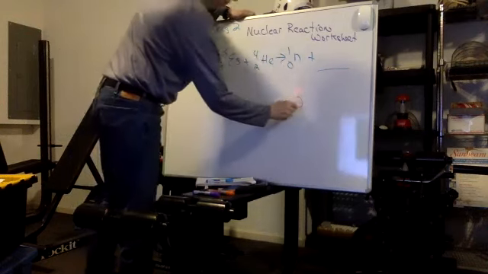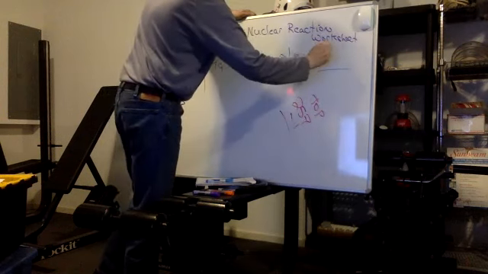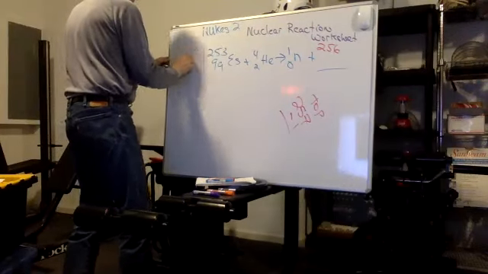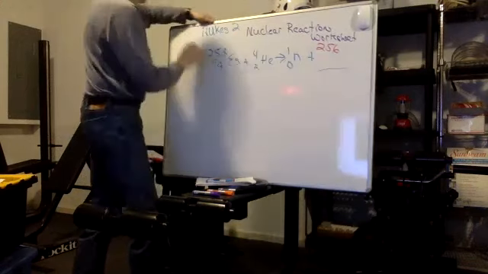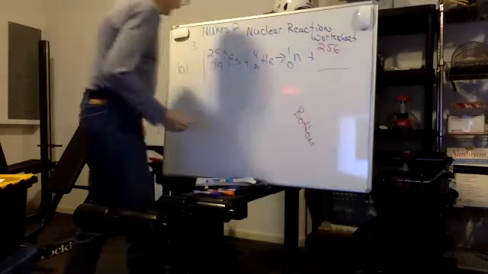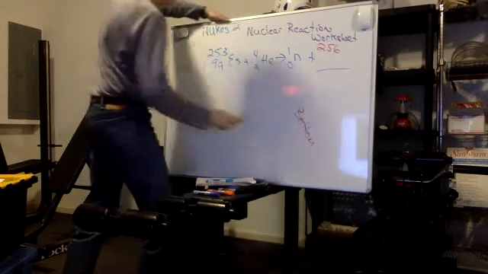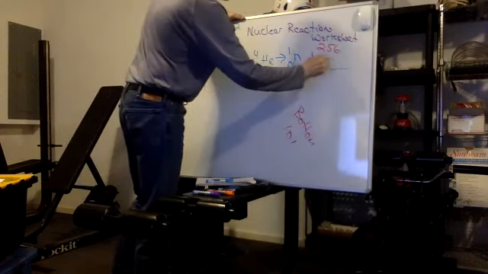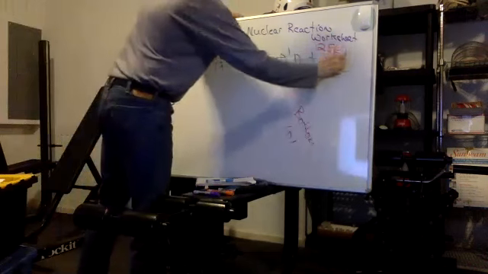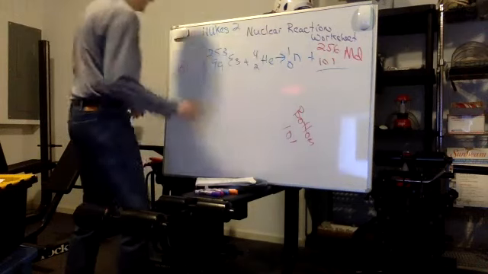So the top, 257, again this is the top, 257 minus 1, it's going to be 256 on top. And on the bottom, got 99 and 2, total 101. I have 0, so I'm going to slide that 101 in there, and 101 is mendelevium. That's number 3.